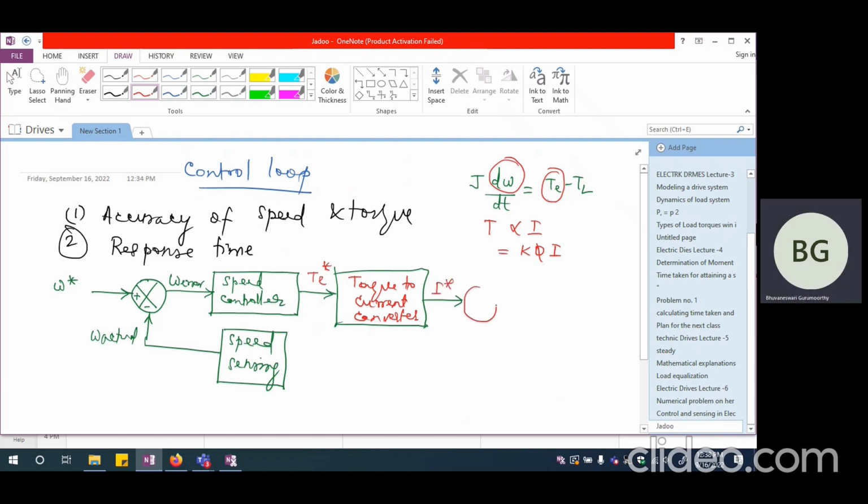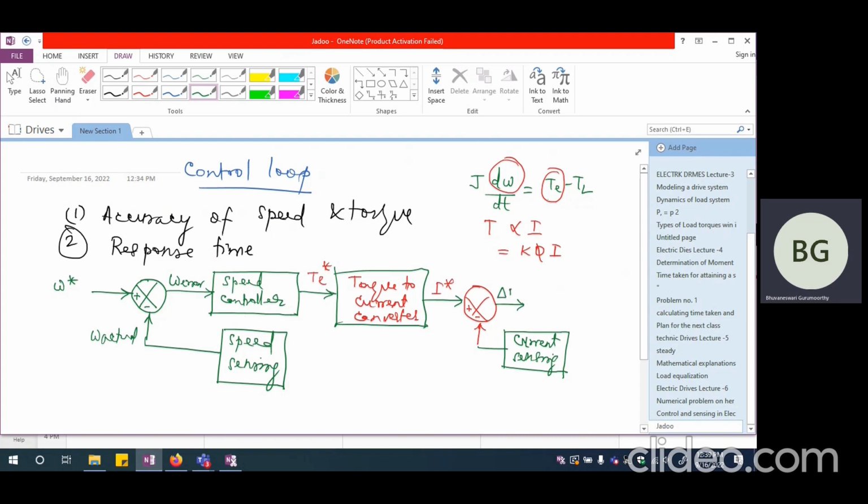Now this reference current will be compared with the actual current. So I will have from here a current sensing mechanism. So I definitely need to study about the current sensing mechanism as well. That's what I'm trying to get at. Okay. Now the output of this is going to be current error.